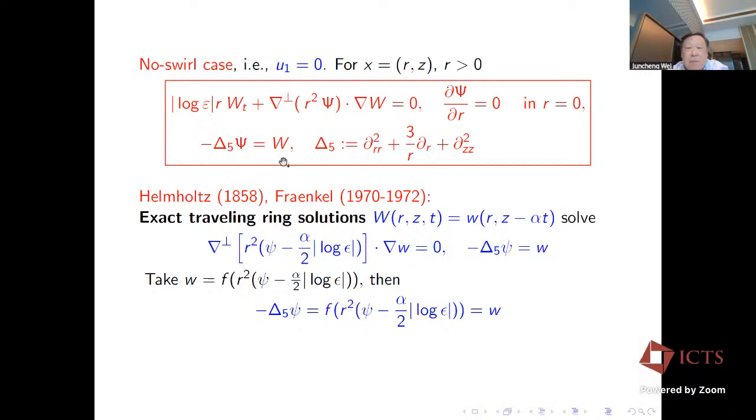And for this problem, Hill in 1972 found the exact traveling ring solution. And you just simply reduce this problem to a semi-linear problem. And you find a solution for this semi-linear problem, with this kind of inhomogeneous terms. Okay?